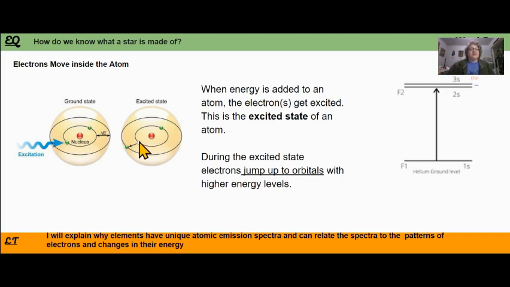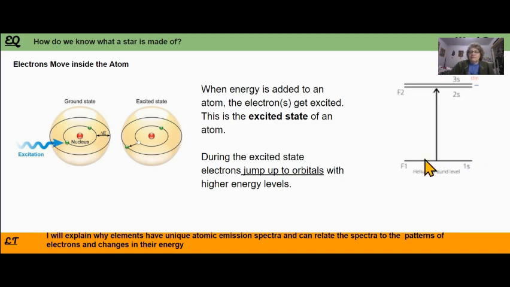And so, for example, in this atom that we're looking at here, it has 2 electrons, and it started out in the first, or that s orbital. It got excited, so it jumped up, and now it's in that second energy level orbital, right? And so if we look at it in another way, we could say, here's ground level, right?